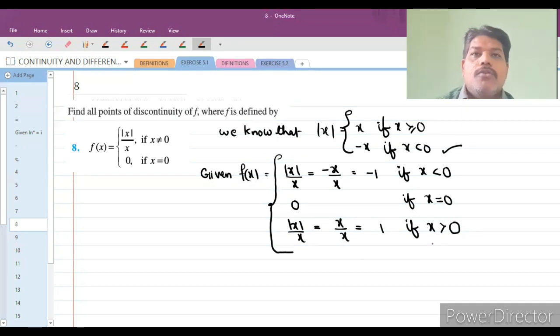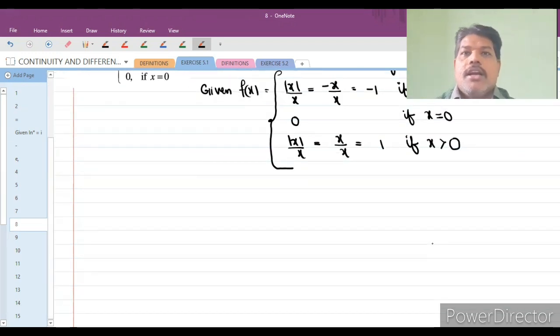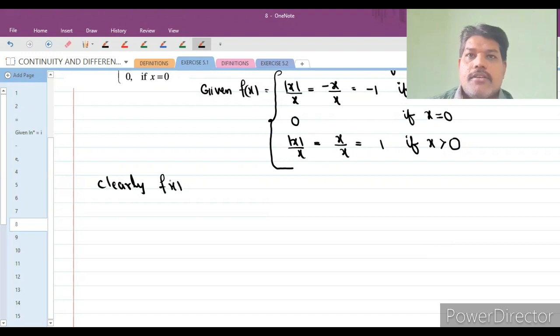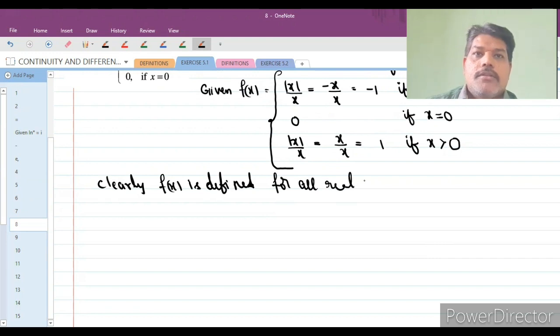So first we have to simplify the given function like this. The remaining problem is the same. So clearly, the function f of x is defined for all real numbers.